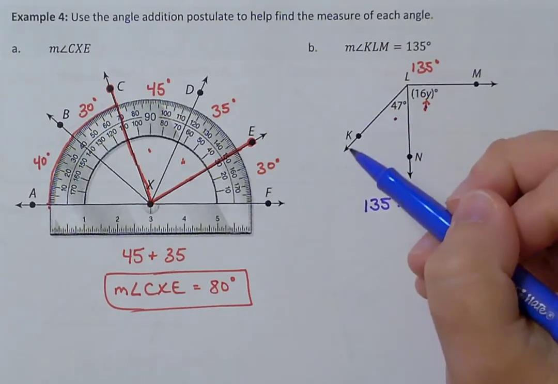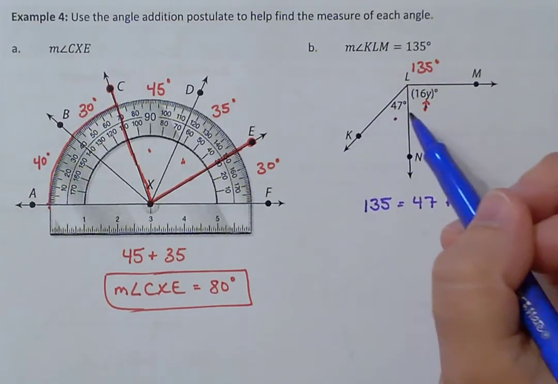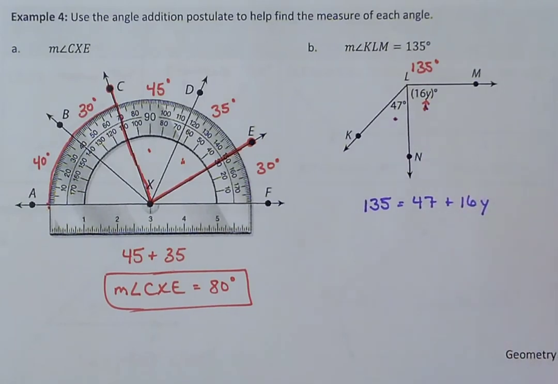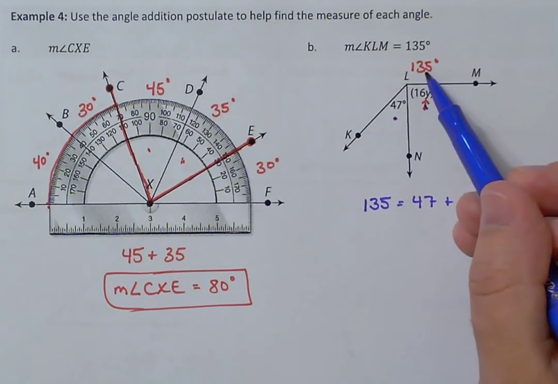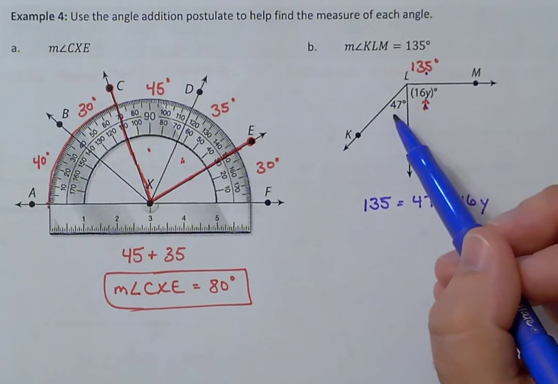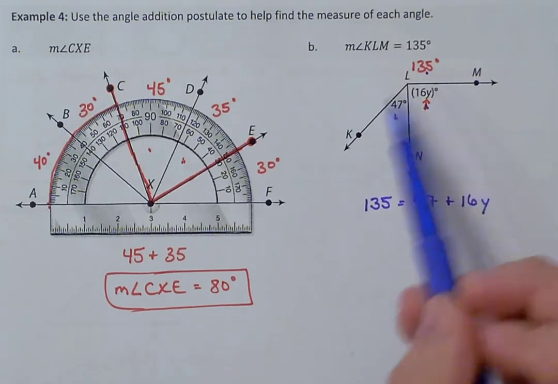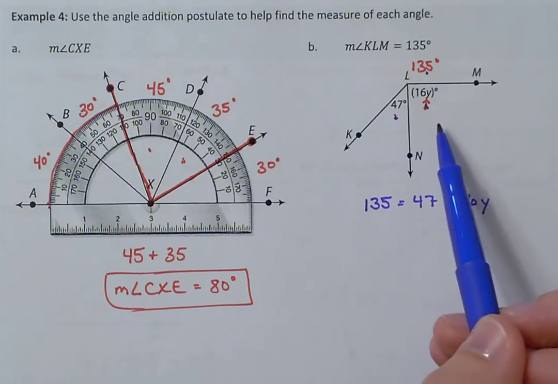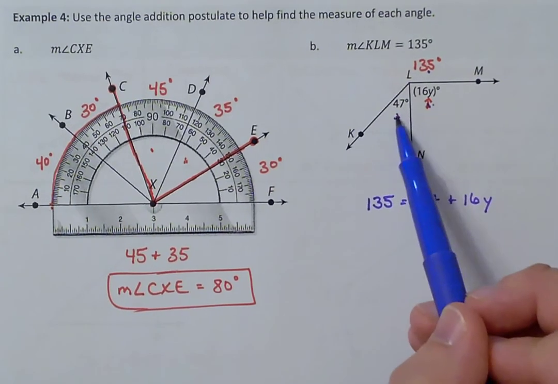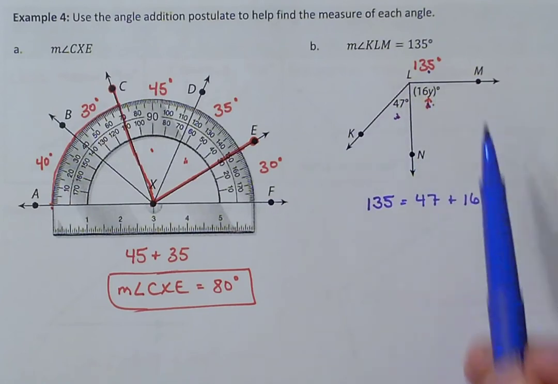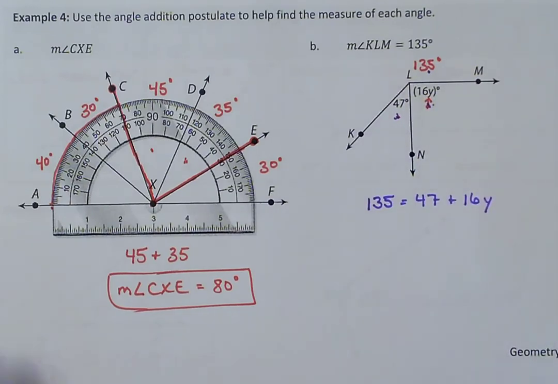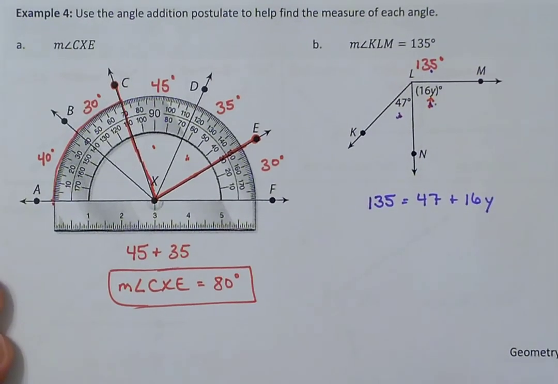So the whole angle is 135. The two parts are 47 and 16y. So it's 135 equals 47 plus 16y. This is the essence of the angle addition postulate, where the two smaller parts add up to be the whole larger thing. Now, this problem wants us to figure out what y equals.